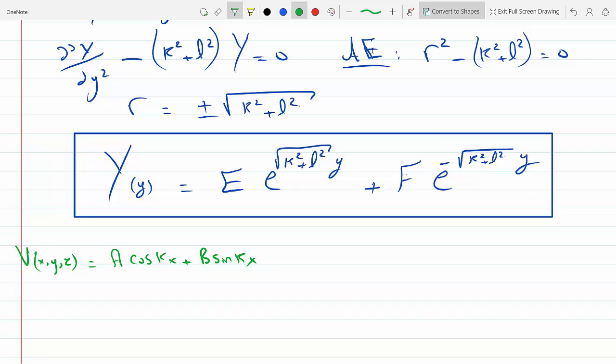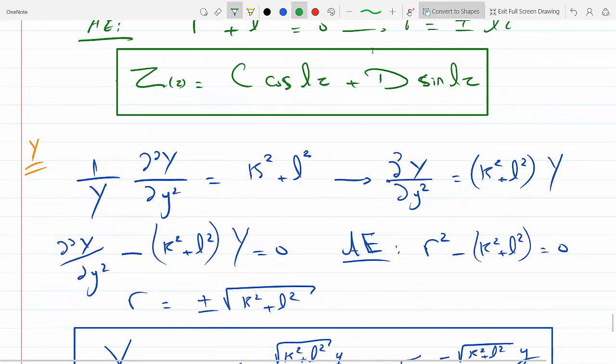So yeah, let's write it out. So a cosine kx plus b sine kx, and then here we have d cosine lz, I called it cosine or sine?